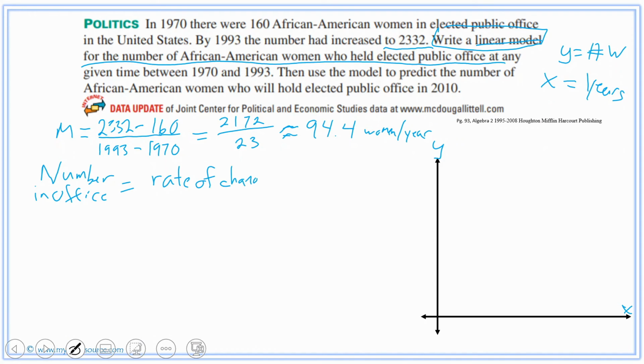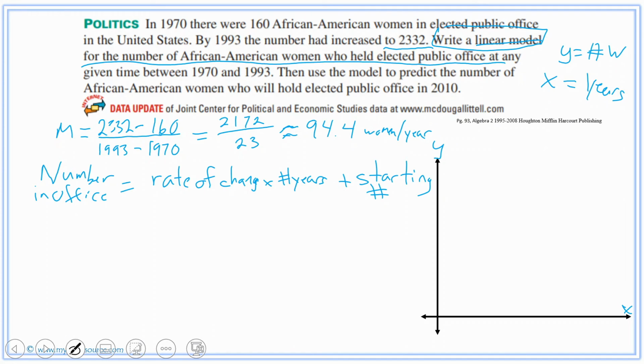So rate of change times the number of years, remember years is your x, plus whatever your starting number was. And that was in 1970. I'll just put starting number.